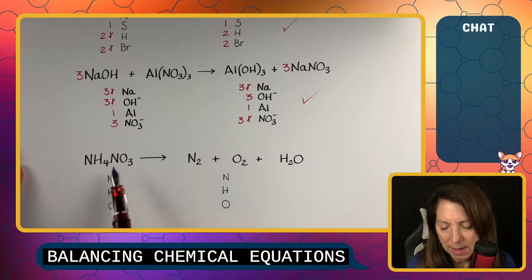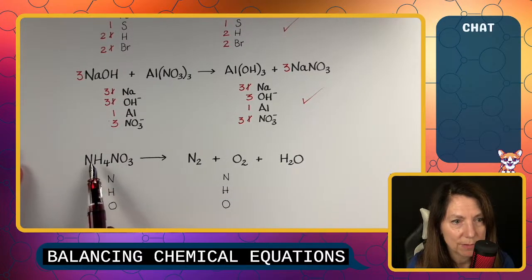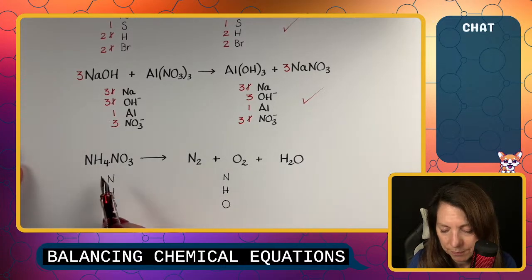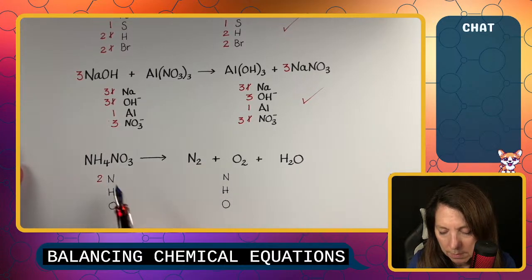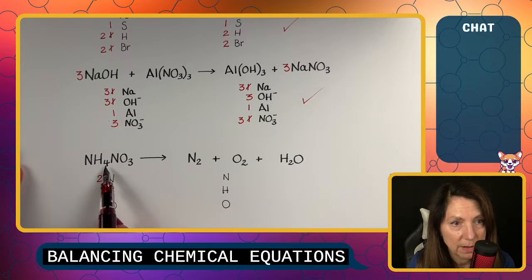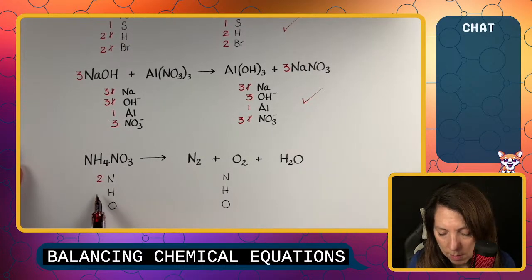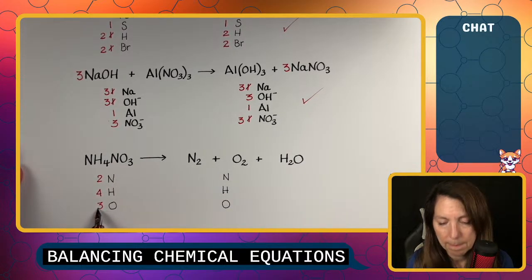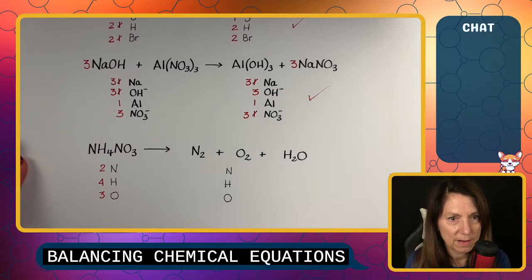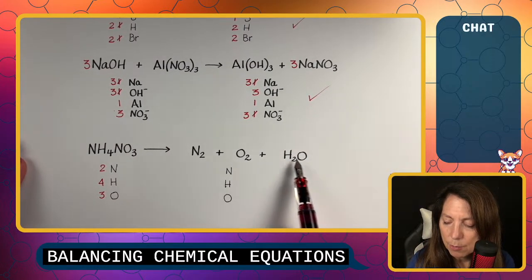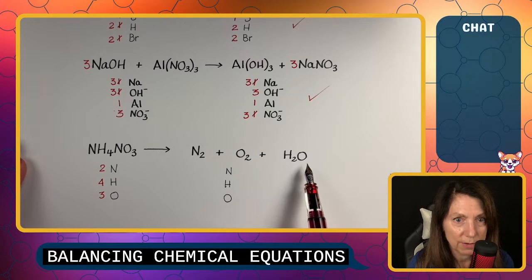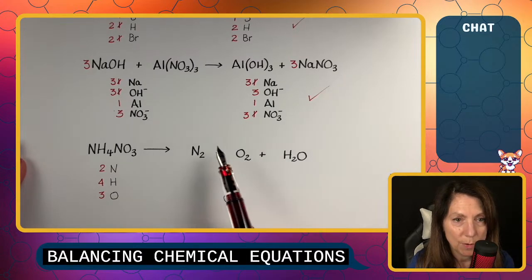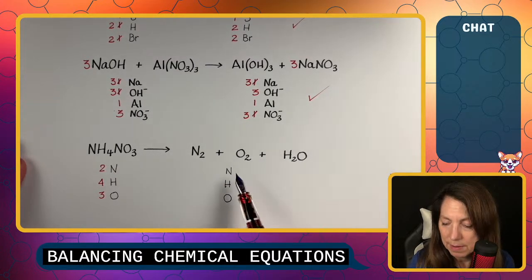Okay, so to begin, how many nitrogen atoms do we have? 1, 2. Hydrogens on this side, on the reactant side, we've got 4. And oxygens, we've got 3. Okay, fantastic. Now, how about this side? We've got 3 products here, so we have to make sure that we're checking all of them and see which ones have nitrogen in them.